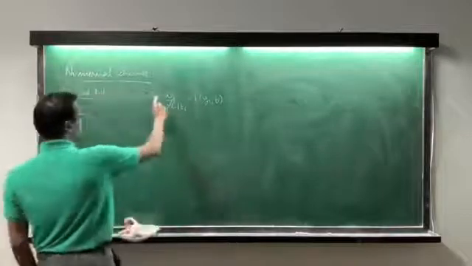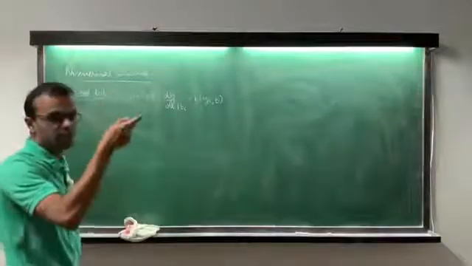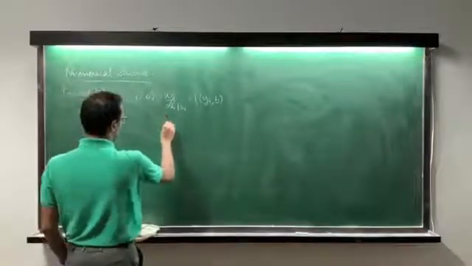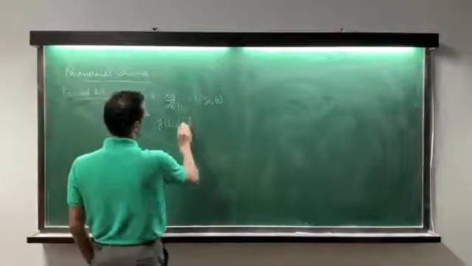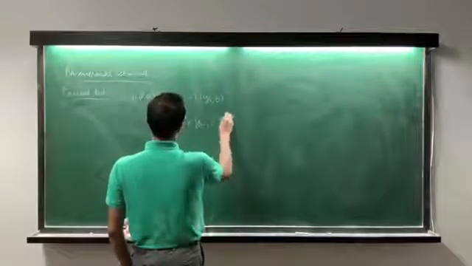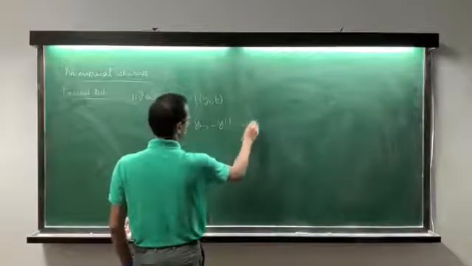Now instead of using a Taylor series from ti to ti plus 1, I'll write y of ti minus 1. This is yi minus 1, which is y of ti minus h.